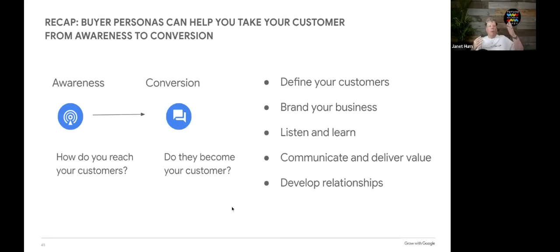So how do we get people to be aware of our business and then convert to sales? That's where we're headed. You have to define your customers, brand your business, listen to your customers and learn what they need and want and what their pain points are, communicate and deliver value, and then develop those relationships and maintain them so that they will return as lifelong customers.